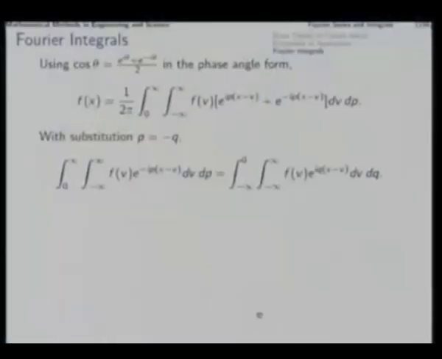So, in this cosine we can replace in this manner, cos theta is (e to the power i theta plus e to the power minus i theta) by 2. So, if we substitute this expression for the cosine term there, then that 1 by 2 comes here, and inside we have got e to the power i p (x minus v) plus e to the power minus i p (x minus v).